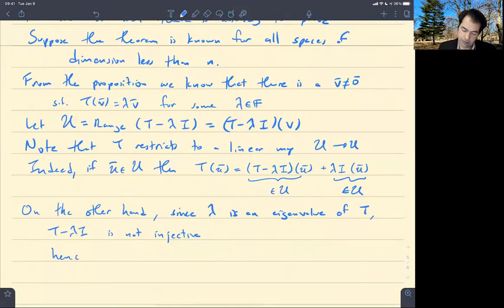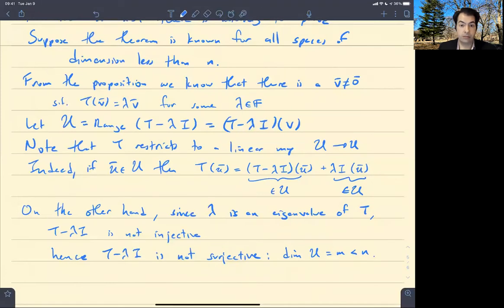Hence, for example, by the Rank-Nullity theorem, T minus lambda times the identity is not surjective either. And since it's not surjective, that tells us that the dimension of U, call it M, is strictly less than N, right? Because this map is not surjective.